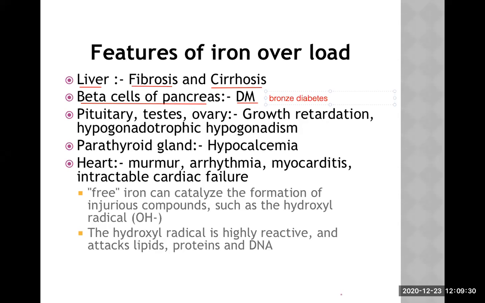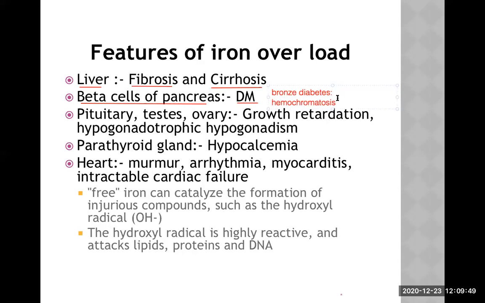Now, the meaning of bronze diabetes is it is seen in hemochromatosis. This is one of the conditions where hemochromatosis occurs. Though this is a secondary hemochromatosis, it occurs in this situation because of excessive blood transfusion.